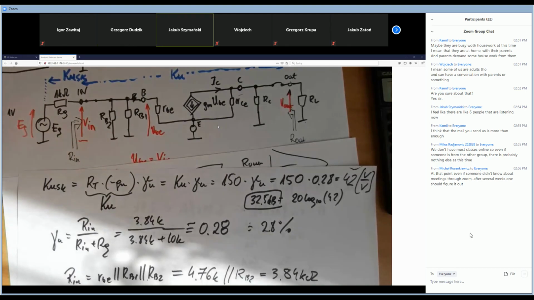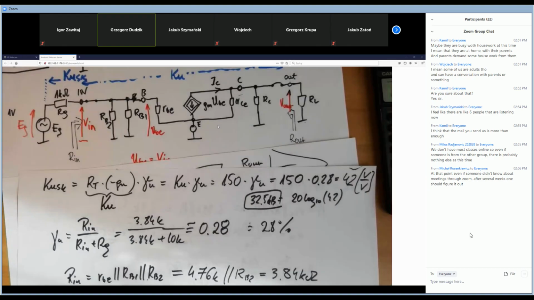And I also see that it depends on this GM, and GM is collector current divided by input voltage. So if you decrease the collector current, you would also increase the effective gain, because the GM is going up. However, we'll have to calculate what the change for the effective gain will be when, for example, the ICQ current goes from 1 milliamp to 10 milliamps.